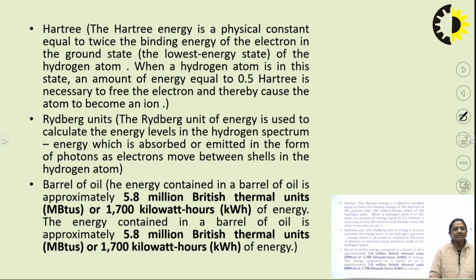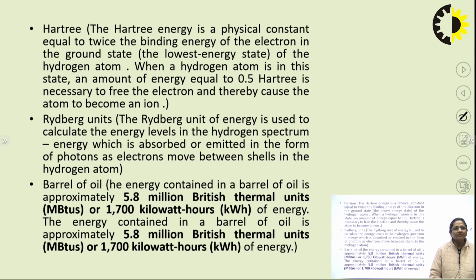Hartree energy is a physical constant equal to twice the binding energy of the electron in the ground state. Ground state is the lowest energy state. This is defined for the hydrogen atom. When a hydrogen atom is in this state, an amount of energy equal to 0.5 Hartree is necessary to free the electron and thereby cause the atom to become an ion.